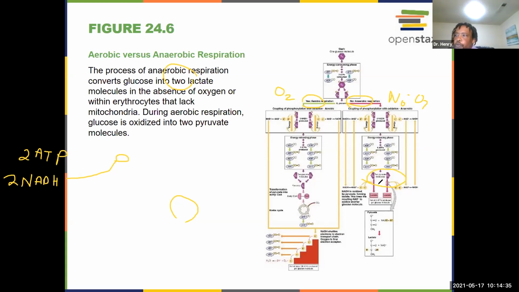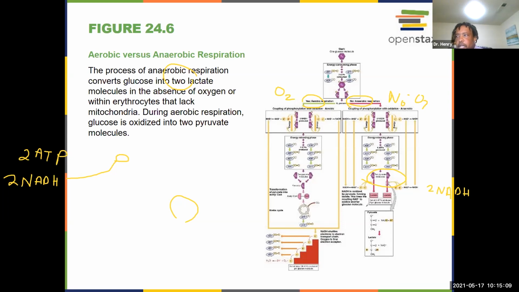And then those pyruvate molecules are going to be used to make lactic acid or lactate. Now, during the process of that lactic acid production, you're going to get 2 more NADH molecules. Okay, so you're still making those high energy molecules that you're going to be able to convert into ATP later on. Okay.